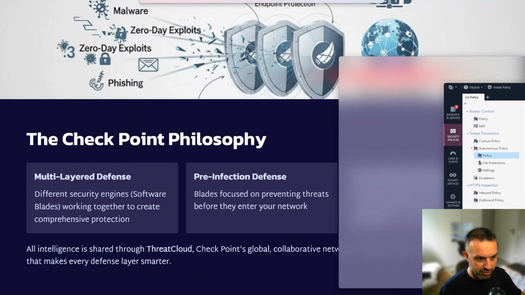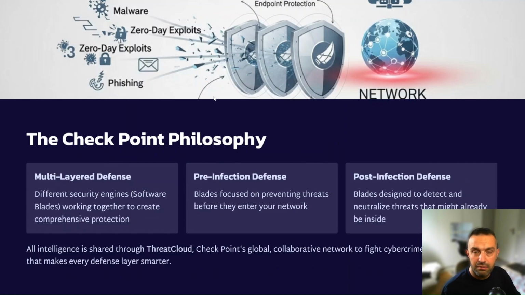In the custom policy, you build your policy from the ground up for granular control. Or you can use the new autonomous threat prevention, which uses predefined profiles to create your policy automatically. As we said, we will dedicate our next video to comparing these two. But first, let's meet the key players. What are these software blades and what does each one do?